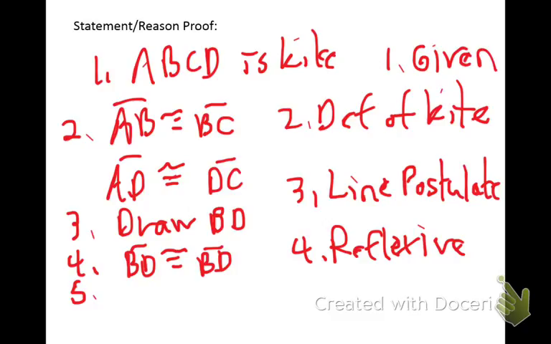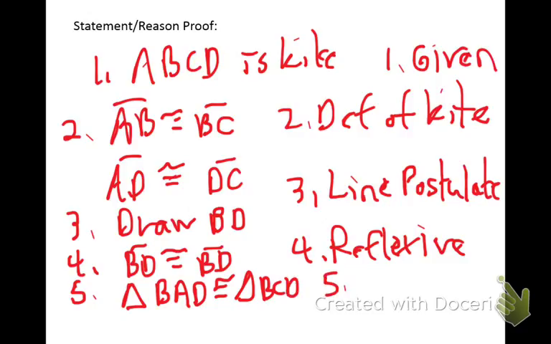Triangle BAD is congruent to triangle BCD. And he got the order right. That's by what, Zach? SSS. That's SSS.